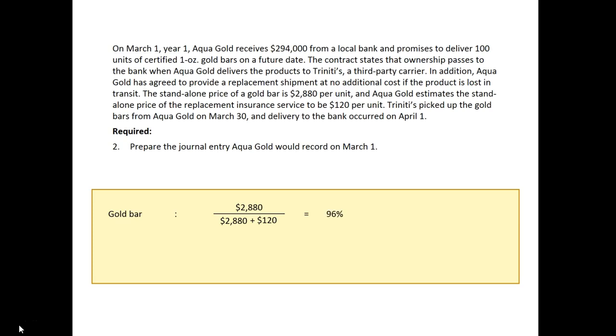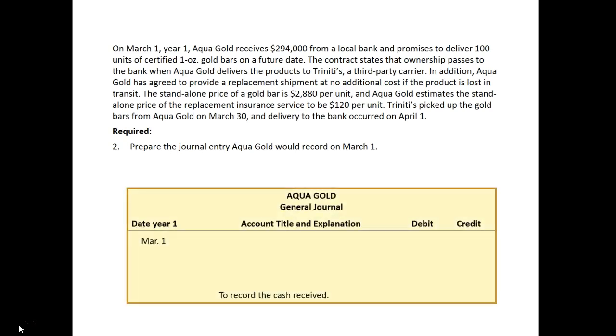So the price of the gold bar to the whole piece is 96%. The insurance is 4%. Therefore, the gold bar would be valued at $282,240 and the insurance at $11,760.